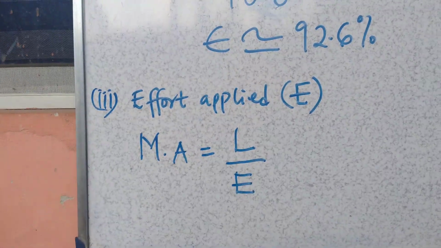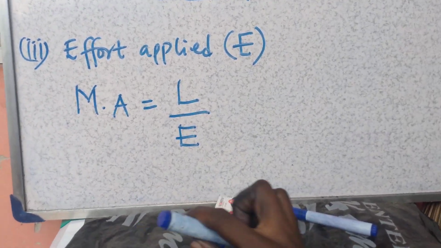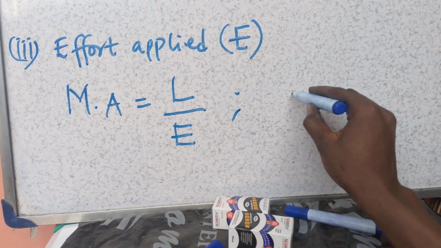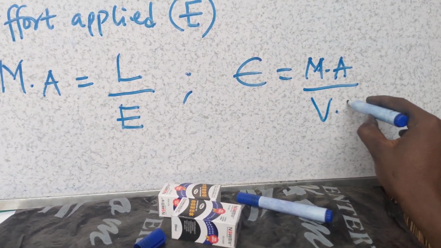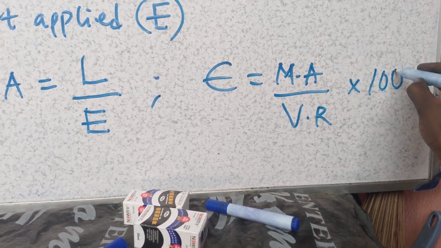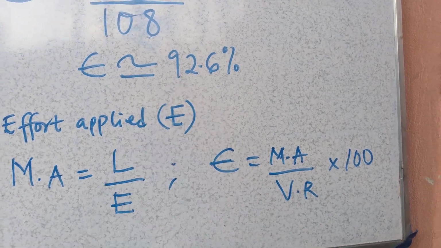Alright? But the mechanical advantage is not given. So we then use the formula for efficiency. The formula for efficiency is also mechanical advantage over velocity ratio multiplied by 100. Okay? So we use that, and we have the efficiency as 92.6%.